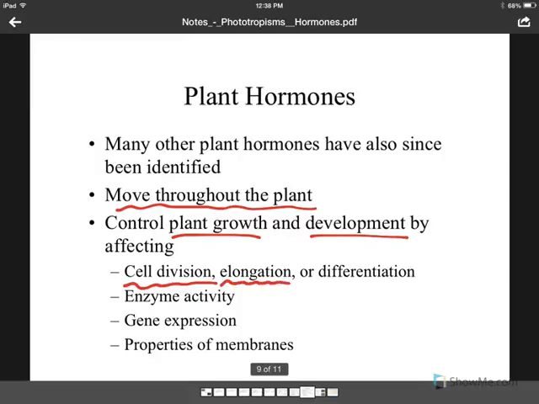Sometimes they will make the plant elongate. Sometimes they can trigger enzyme activity. Other times they can affect gene expression, so that means certain sections of DNA being turned on or off. And they can also change or adjust the properties of the membranes.